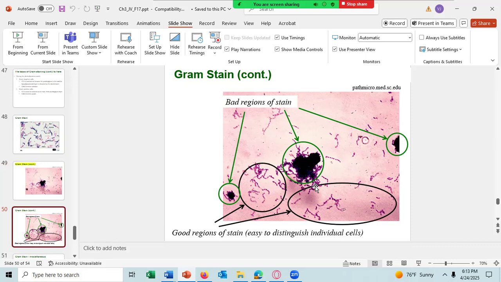These are actually crystal violet crystals, meaning crystal violet in the solution. The crystal violet can come out of solution, grow into a crystal, and then that crystal was put on the slide.